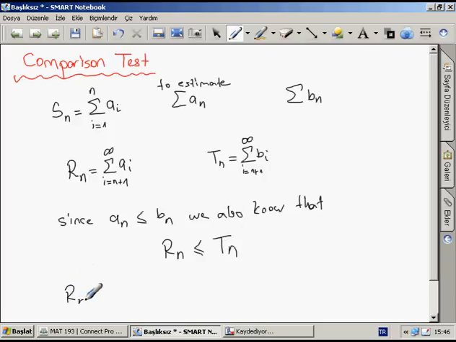I mean that Rn is less than or equal to Tn, which is less than or equal to the integral from n plus 1 to infinity of g of x dx, where g of n equals Bn.